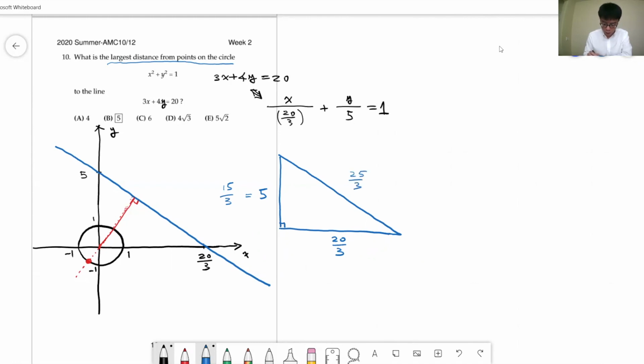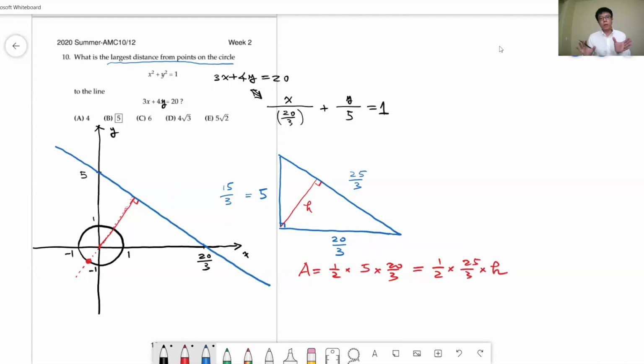And then we can calculate the altitude on the hypotenuse. Let's calculate the altitude here. Because the area of the triangle is 1/2 times 5 times 20 over 3. This is also equal to 1/2 times 25 over 3 times h, right?